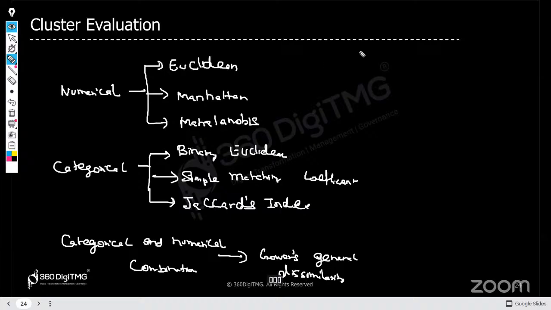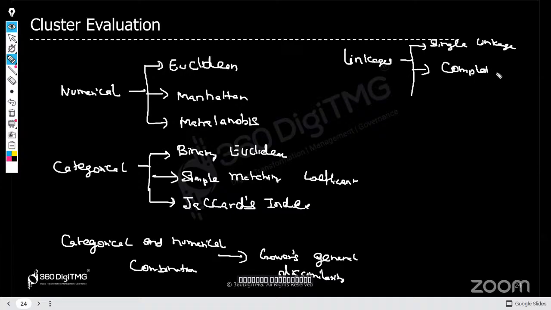After this, we talked about linkages. In linkages, we discussed single linkage, then complete linkage, then average linkage, and finally centroid linkage.